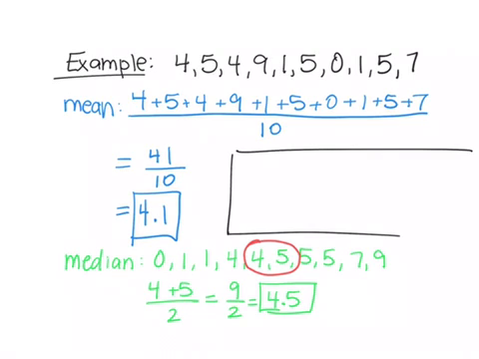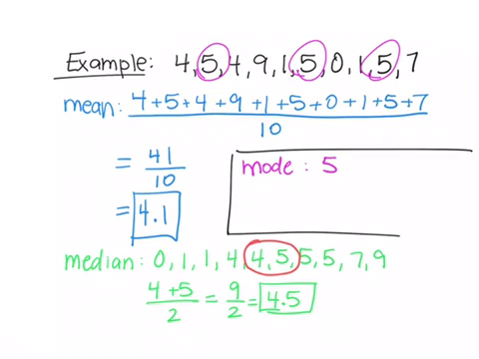What would be the number that you see occurring most often? Hopefully, as you look at this list, you're saying that the mode is 5, because 5 shows up 1, 2, 3 times, and that's the only value that shows up that often.